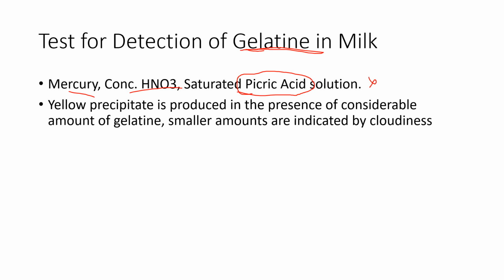Picric acid plus gelatin gives a yellow precipitate. Just remember, there are a few colors: red, blue and yellow. You have to remember which one is yellow and which one is red. The remaining all come under the deep blue color. If you find any color specific in nature, just note it down, read and revise again and again. That would be helpful for your exams.